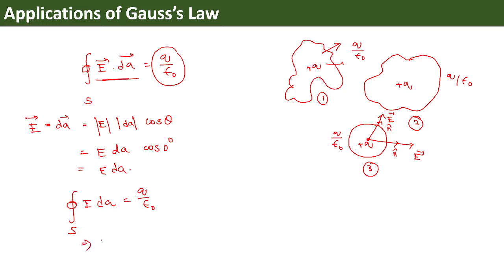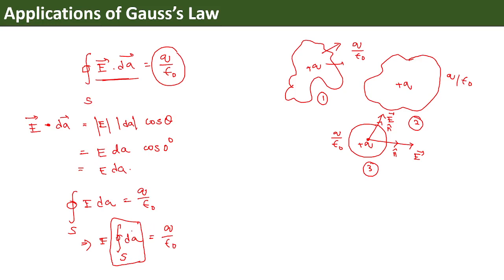However, what you can do now is take E outside this integral, and you can write this. Now this particular integral is independent because it doesn't depend upon the electric field. It depends upon the shape of the charge distribution.